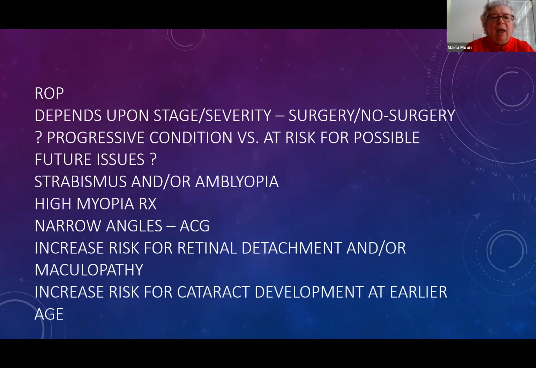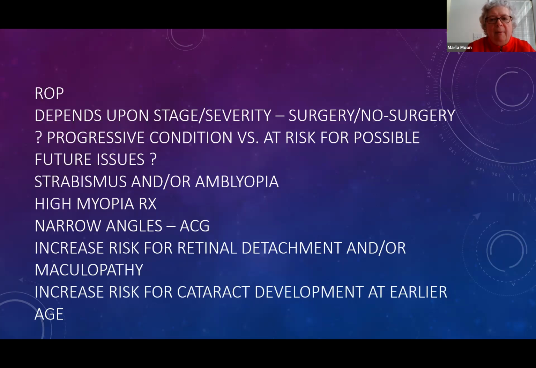I don't so much look at it as a progressive condition versus it's at higher or lower risk for possible future issues. From the get-go, kiddos that have retinopathy of prematurity are at greater risk for strabismus, eye turns, and or amblyopia because of the pliability and the stretching of the retina from the retinopathy of prematurity process.